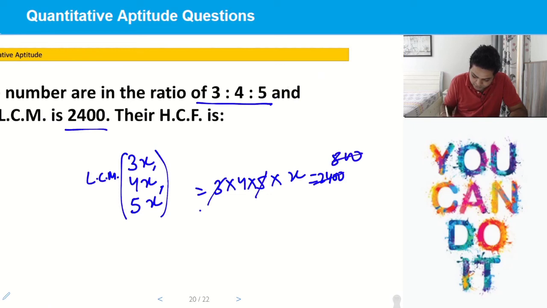Then let's divide together by 5 into 4, that is 20. So 0 cancels out and this becomes 4. So x equals 4.